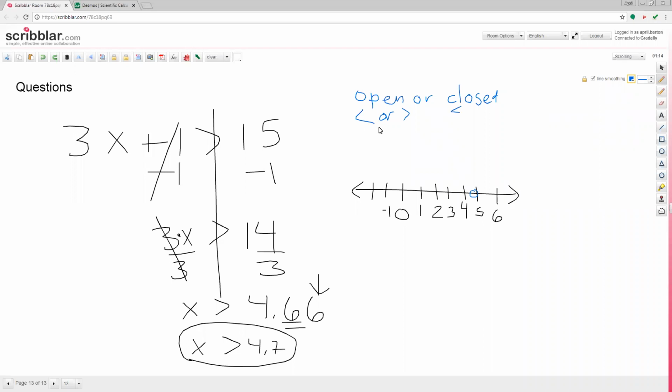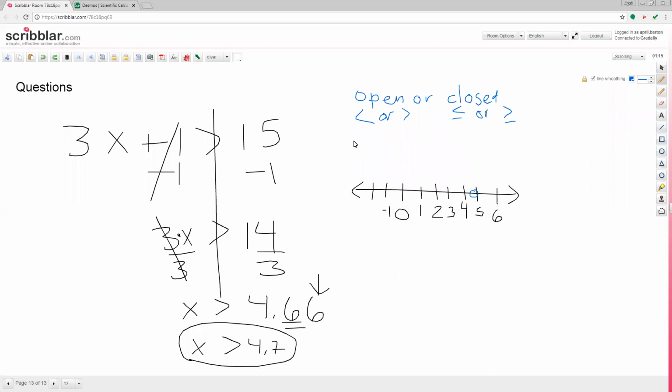Versus closed circle will be when we do have the equal to: less than or equal to, or greater than or equal to. So you actually need the closed dot when the greater or lesser sign is underlined. Yep. So if this whole problem had the bar underneath, we'd fill in the dot. Since it didn't include the bar underneath, we don't fill in the dot.